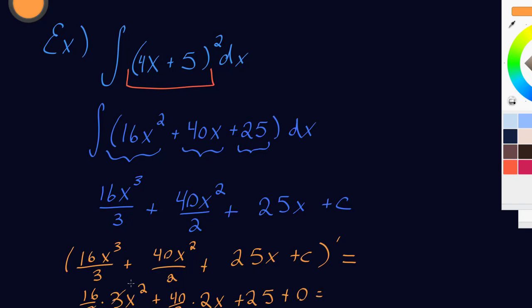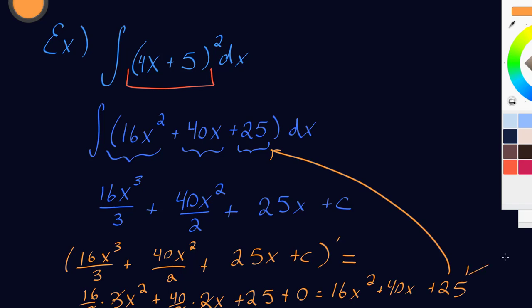Now these 3's are going to cancel out, the 2's are going to cancel out, so we're going to be left with 16x squared plus 40x plus 25, and that is exactly what we wanted. So we did, again, an amazing job.